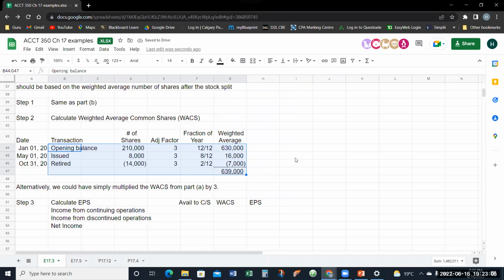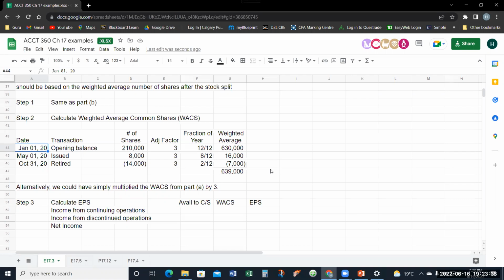Because my stock split occurred on Jan 31st of 2021. All of these dates are earlier than January 31st, 2021. So all of the transactions basically get adjusted for the stock split, adjustment factor of 3, and you notice you end up with 639,000. And for this particular example, it would have been much faster to just multiply 213,000 by 3. You would have gotten your number quickly.